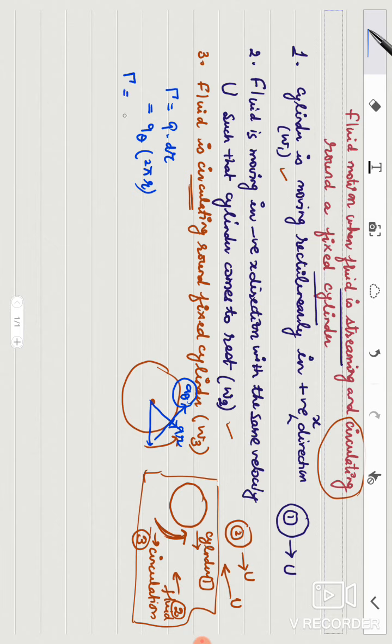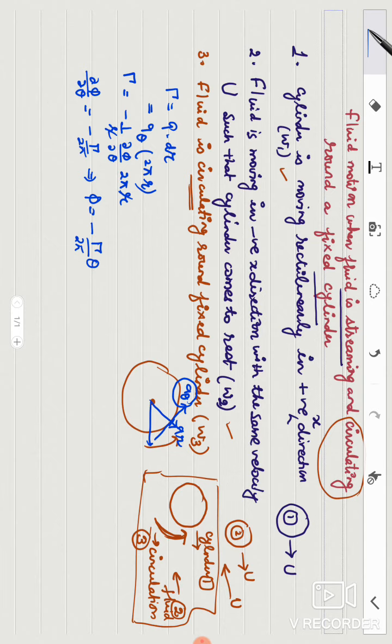So gamma is equal to minus (1/r) ∂phi/∂theta times 2 pi r, because q_theta may be described in terms of velocity potential, and ∂phi/∂theta comes out to be minus gamma upon 2 pi. Integrating, you will get phi equal to minus gamma upon 2 pi theta.